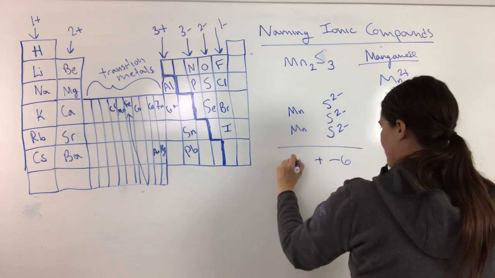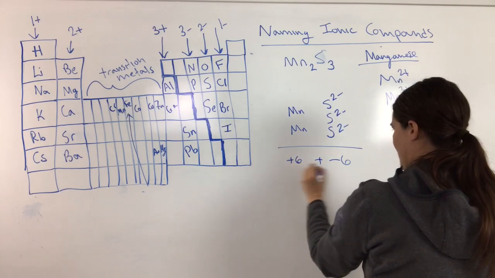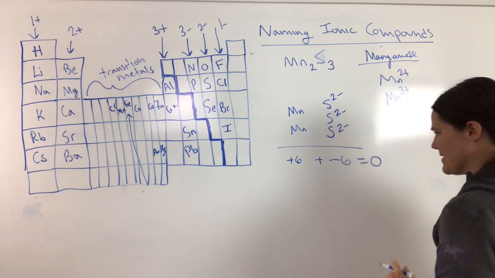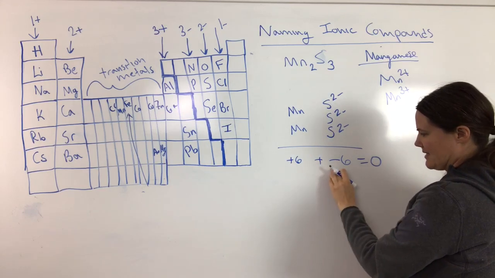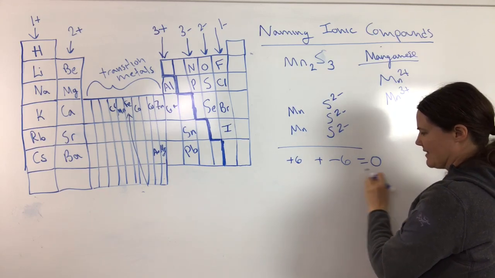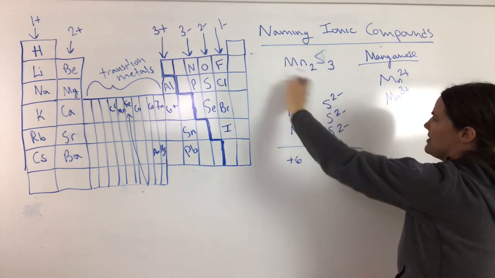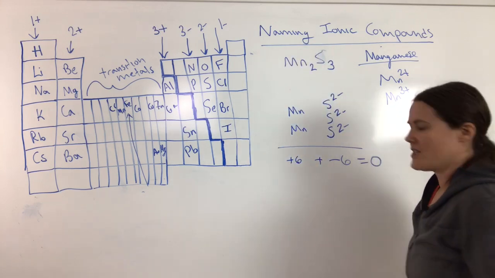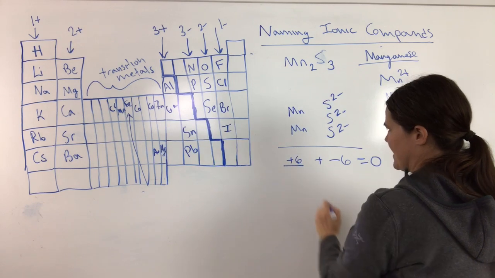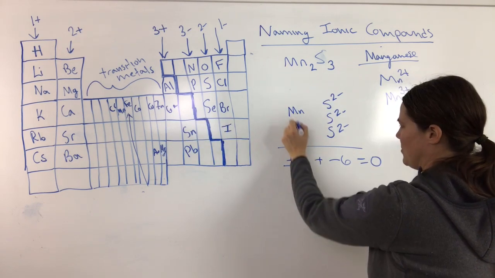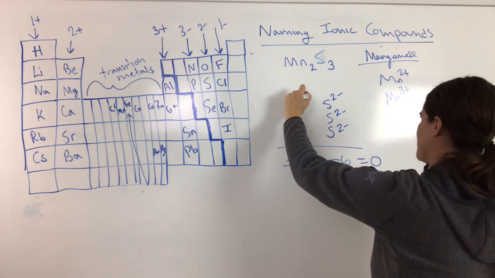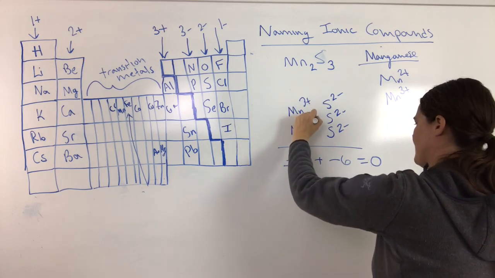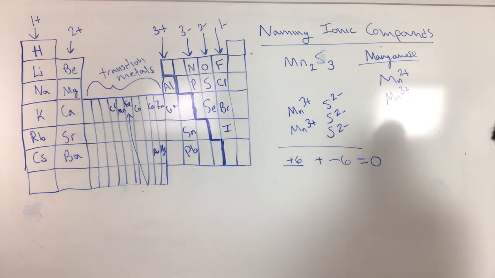And we know that we need a +6 charge here for this to add up to 0, because we have a -6 here. So we have +6 minus 6 is equal to 0, because this needs to have a net 0 charge. So the way to get the +6 here is if we have a +3 charge on each of these manganese atoms. So this would be 3+ and 3+.